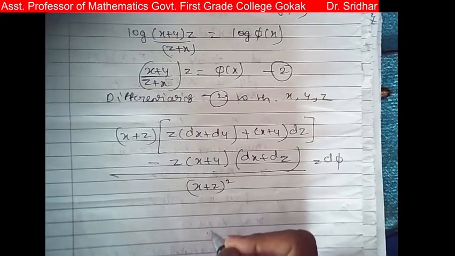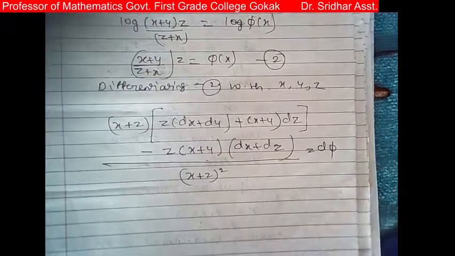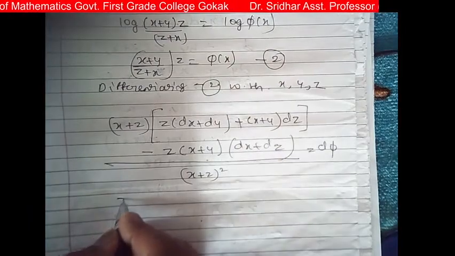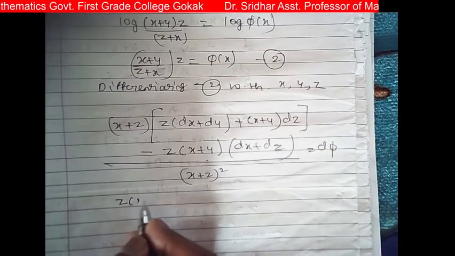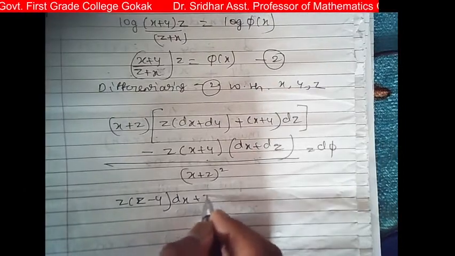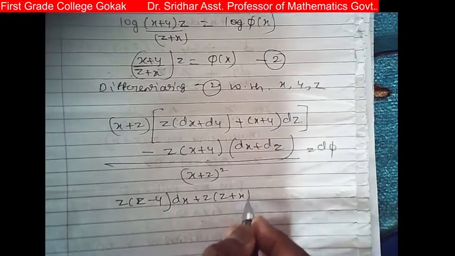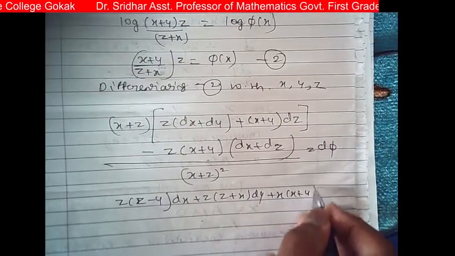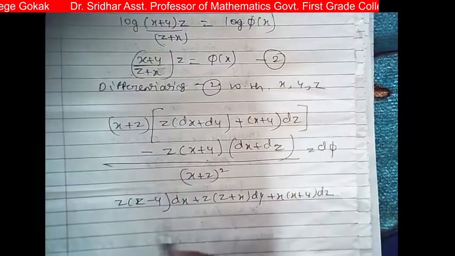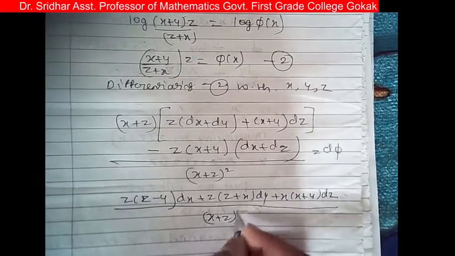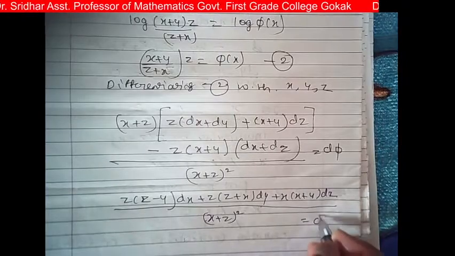Okay, and afterwards simplifying all this, we will get z into z minus y dx, then z into z plus x dy, plus x into x plus y dz, divided by x plus z whole square, is equal to d phi.